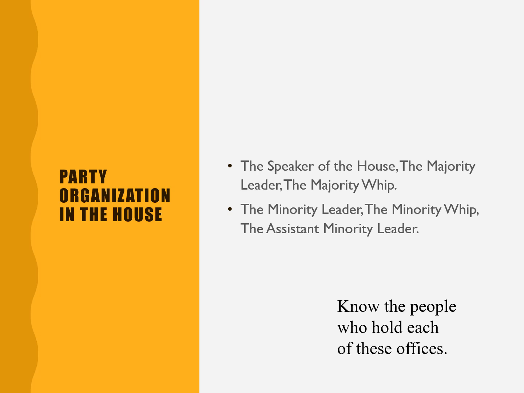The Republicans don't do this. The more equivalent job amongst Republicans is the Republican conference chair, the person who guides the official party meeting of the Republican Party. Well, anyway, you don't have to know who the Republican assistant minority leader is, but the other 5 positions, you should know who the people are who hold those offices.